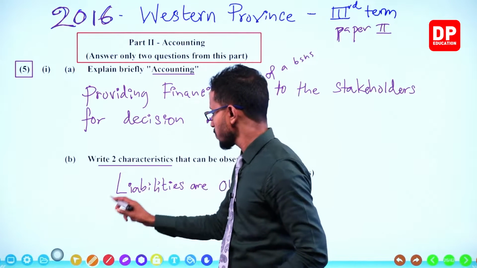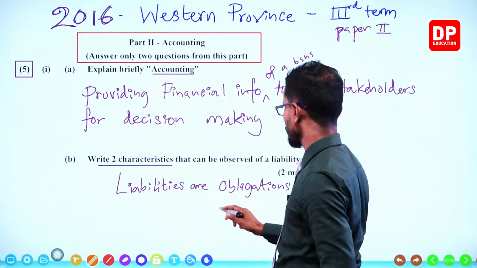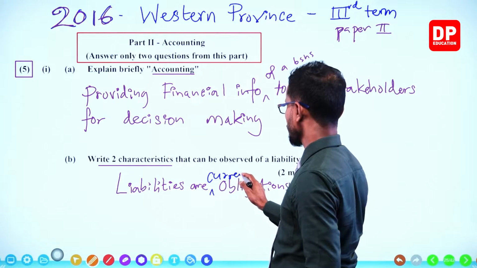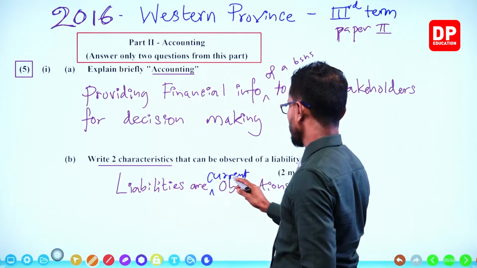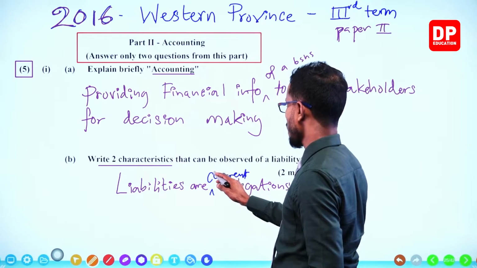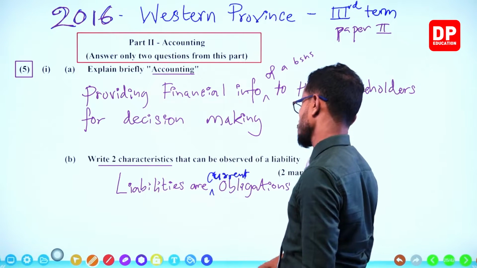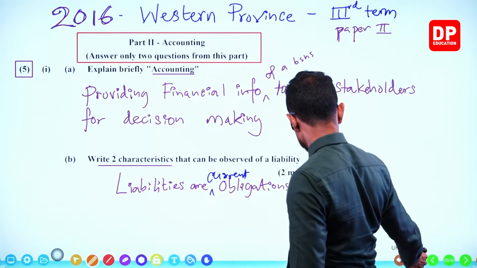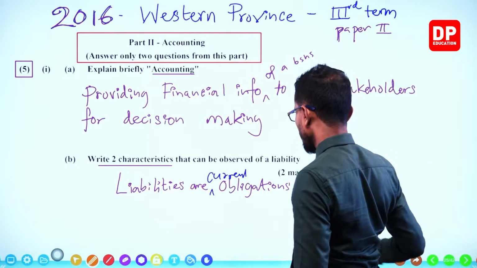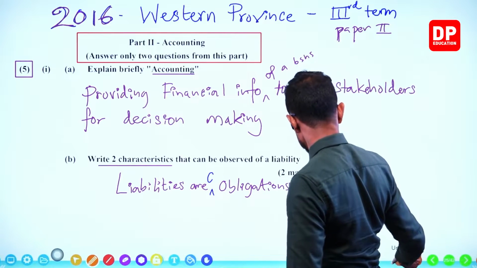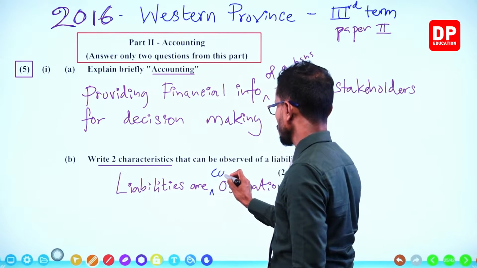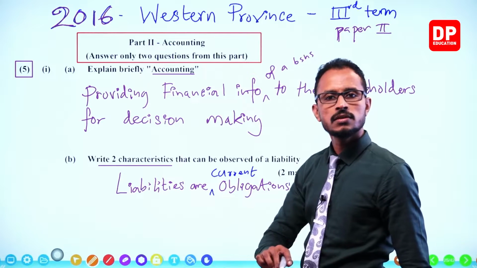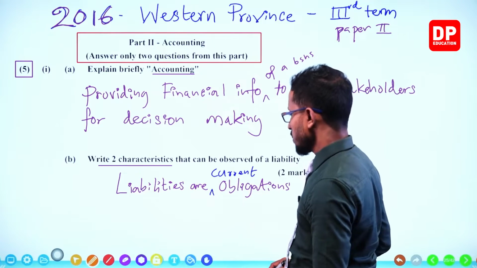What do I mean by current? At the moment, at present, they are currently obligations. You know what it means, right? And you can read my writing, can't you? Now is it clear? Current obligations. Another characteristic.